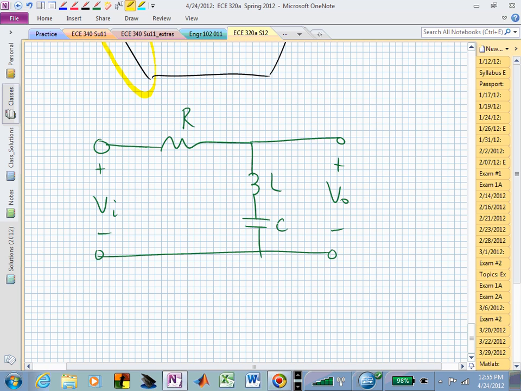How does that compare with the denominator of the transfer function between V sub I and V sub O? What have we talked about? Final exam review question. If I ask you what's the denominator polynomial of this transfer function, how does that compare to the transfer function between the input V sub I and the current I?